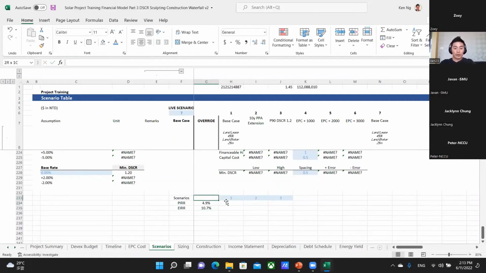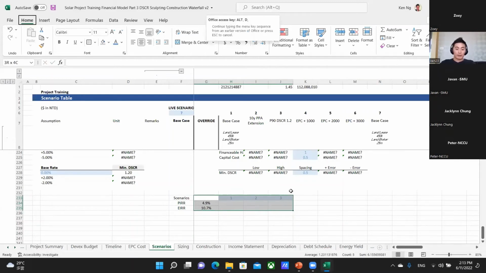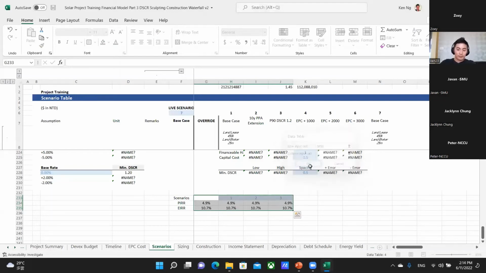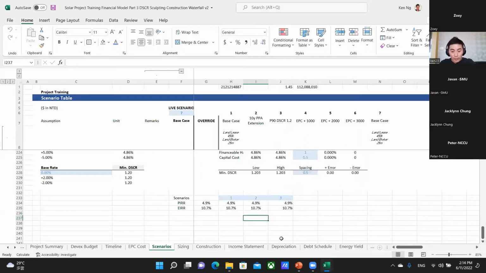So what you do is you select the entire data table you want to do, and then you go Alt D for data, T for table, and the row input cell is this cell here. This is the cell that drives which scenario you want to choose. So this is the scenario. And you're trying to make the model output the returns based on scenarios 1, 2, and 3, right? So if you do that, you press F9.